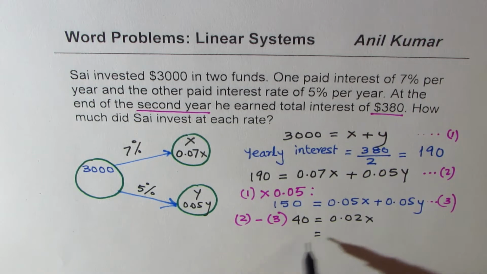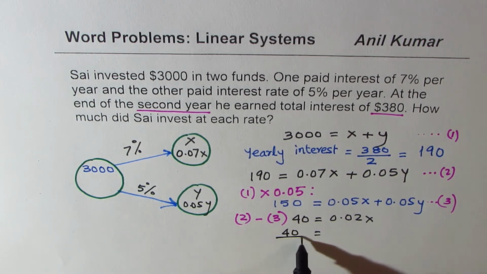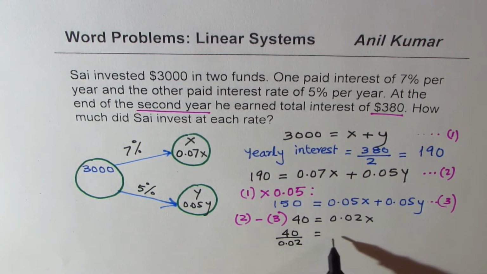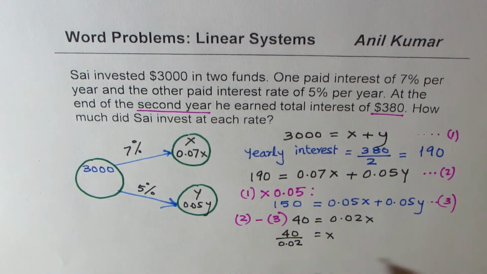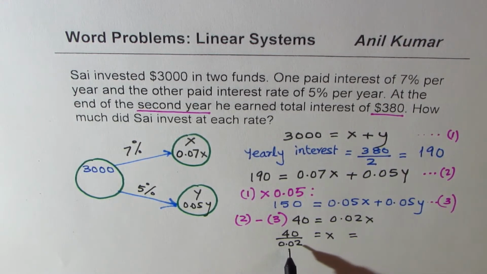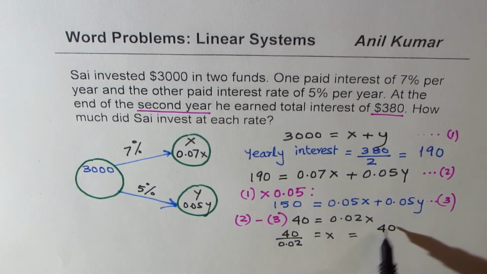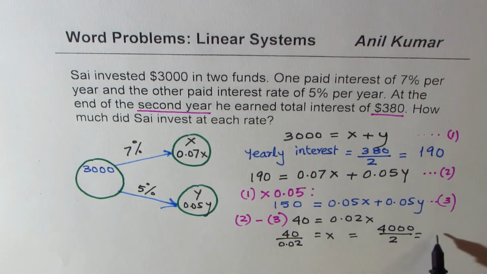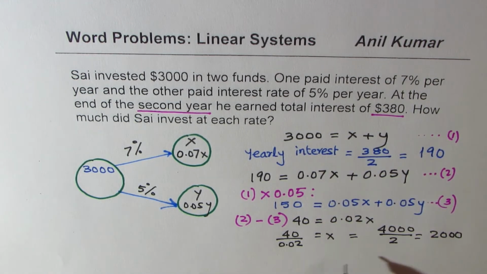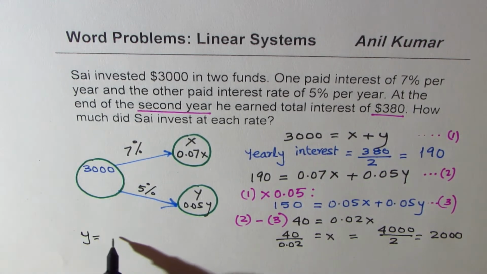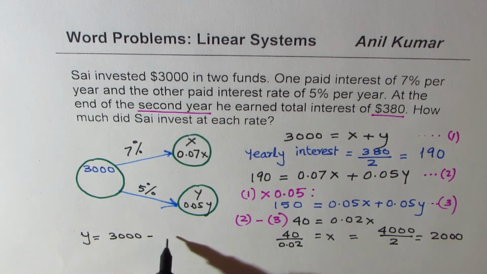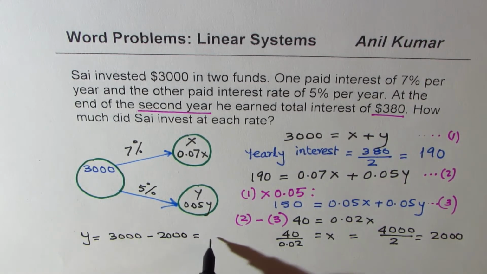And simply dividing by 0.02, we get the value of X. You could also think like this if you don't want to use a calculator, which may not be allowed at times. 40 and 2 zeros, do you see that? Divided by 2, which gives you a value of 2000. So X is 2000, what should Y be? We can write here, Y will be equal to 3000 minus 2000, which is 1000.